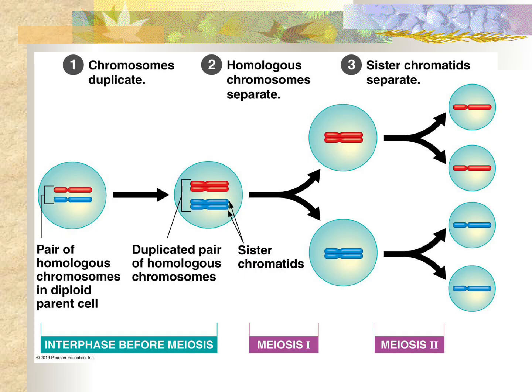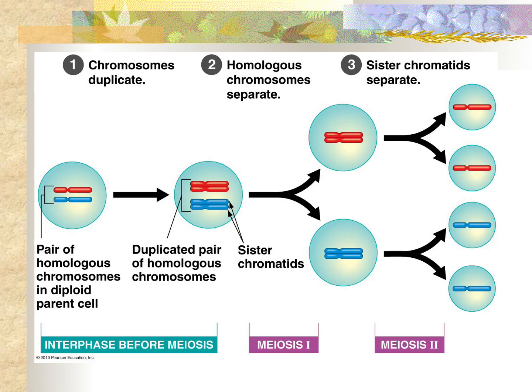In meiosis, these homologous pairs get duplicated, and then they associate together, sometimes referred to as a tetrad. The process of them getting together is going to be really important. Then in meiosis 1 one of these homologs will go one way and one will go the other. And in meiosis 2, the sister chromatids will separate.